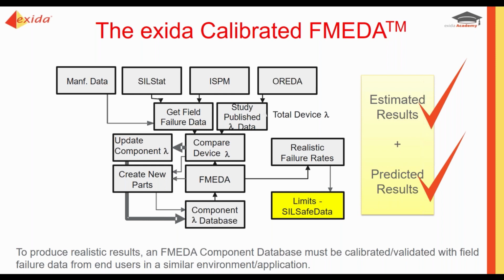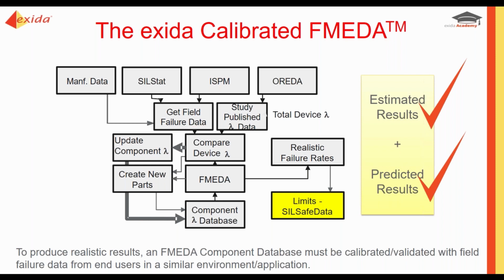Also, when we perform an FMEDA, we always refer back to SILSafeData.com. That's once again a sanity check. That will have your range of all of these types of devices on failure rates that you can expect to see out in the world.